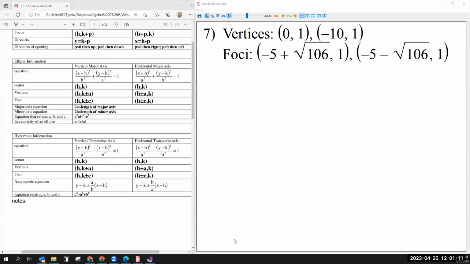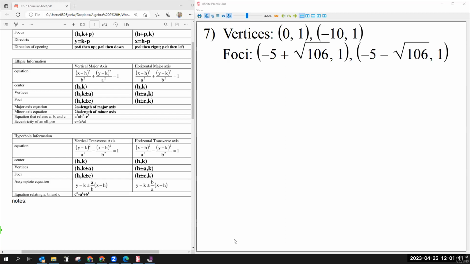All right, so number 7, what information can we get just by looking at what they give me in number 7? Yeah, I heard horizontal. How do we know it's horizontal?